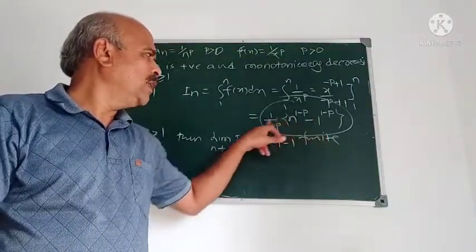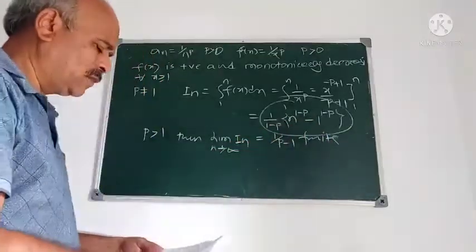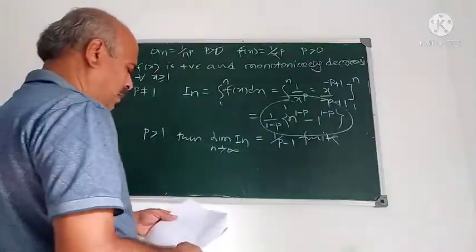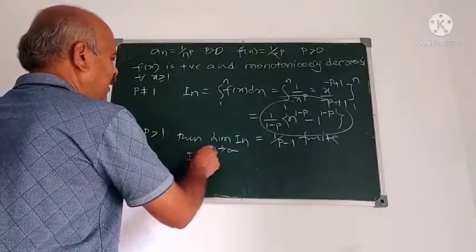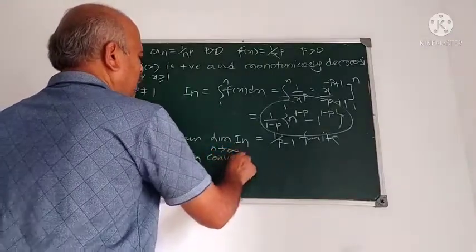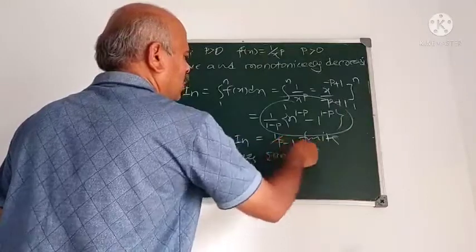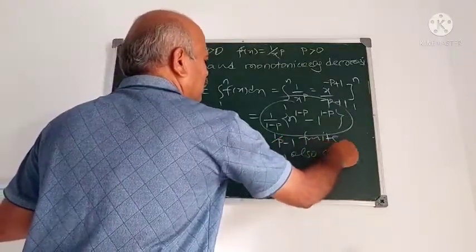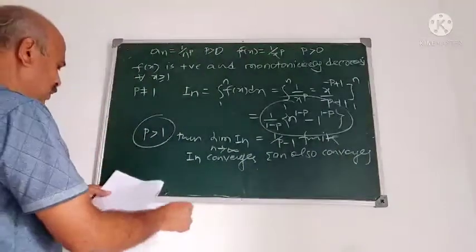So we have only this one, with a minus sign, therefore I change it to 1 upon p minus 1, which is finite. Therefore I_n converges, hence sigma I_n also converges. Sigma 1 upon n raised to p converges. So we have obtained the same thing here, p greater than 1 converges.